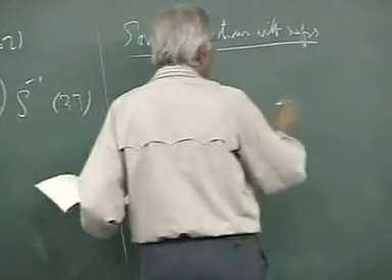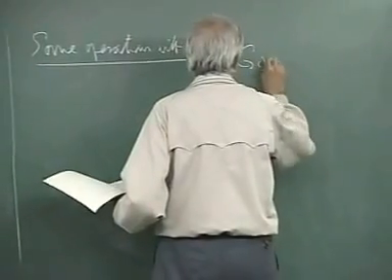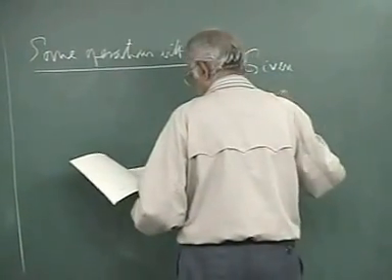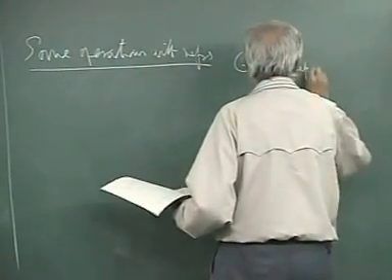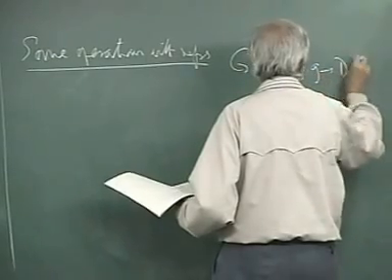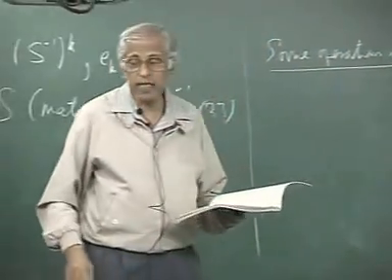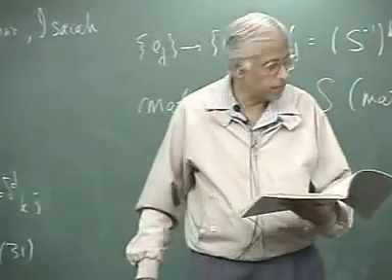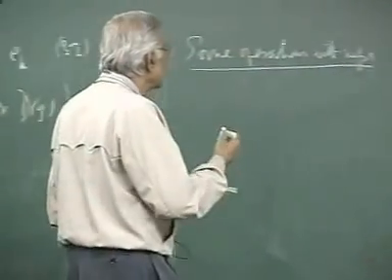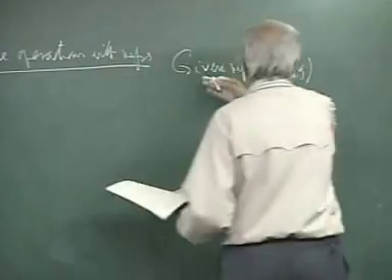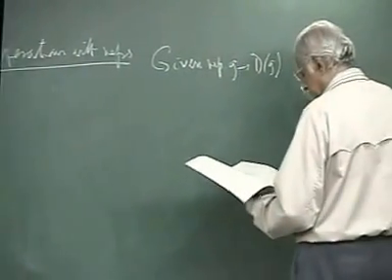So there are three very interesting operations which produce new representations from a given representation. So what am I imagining? I am given a set of matrices representing a group of some dimension.